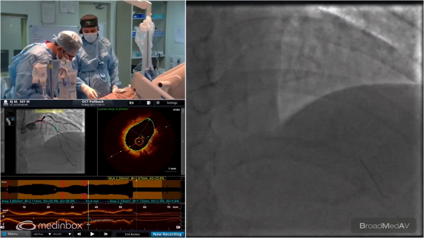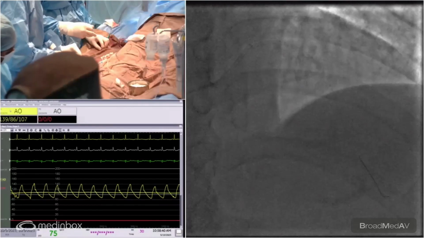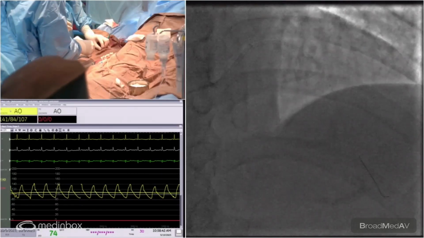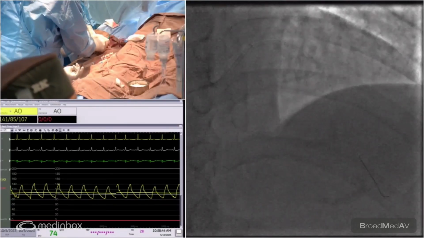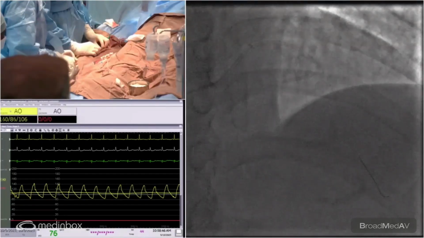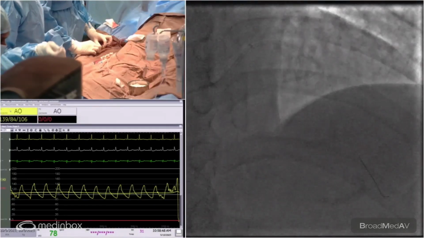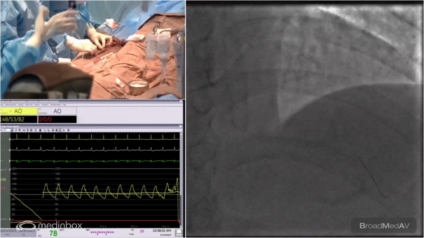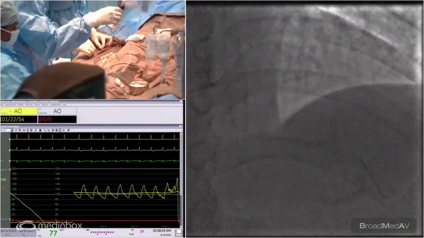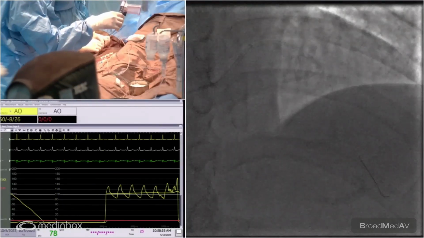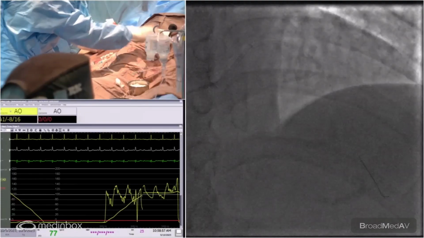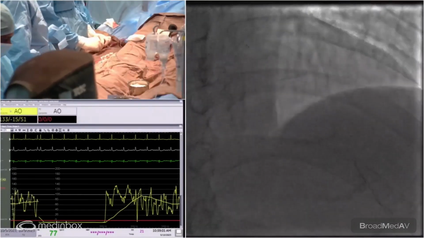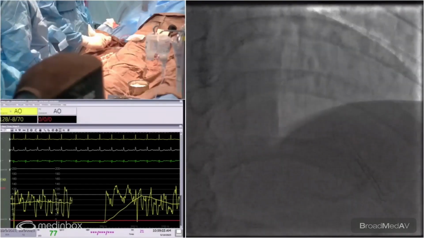So 3/12 non-compliant balloon, taken. Yeah, sure. We'll take a 3/26. Yeah. Open the stent, please, and keep it prepped here.